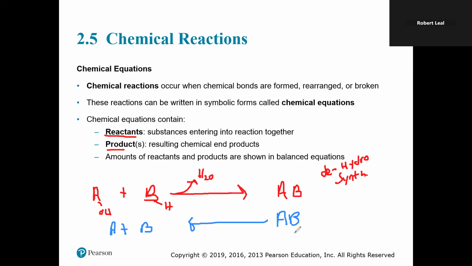But since we start off on this side, going to the left, AB is the reactant, whereas when you separate them, they're products. And to separate them, water needs to come in to separate into products. So this type of reaction in blue, when you're breaking something down, it's often referred to as a catabolic reaction, or we say hydrolysis reaction.